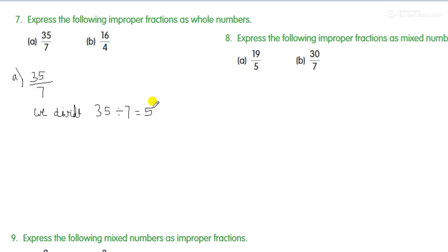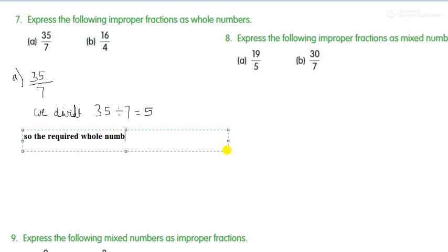So the required whole number is 5. Whole number means without fraction. So the required whole number is 5.